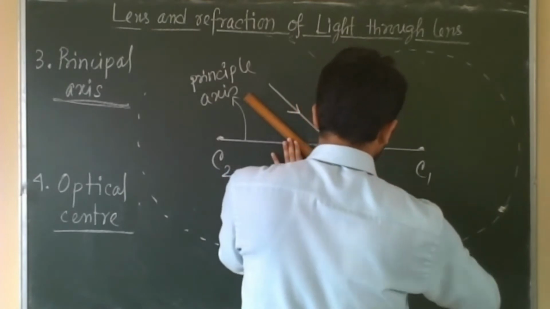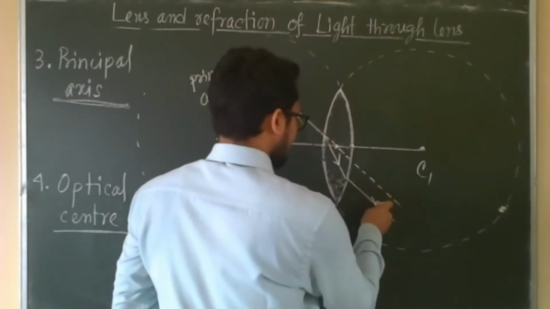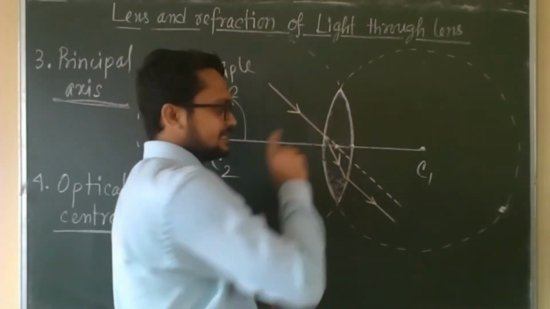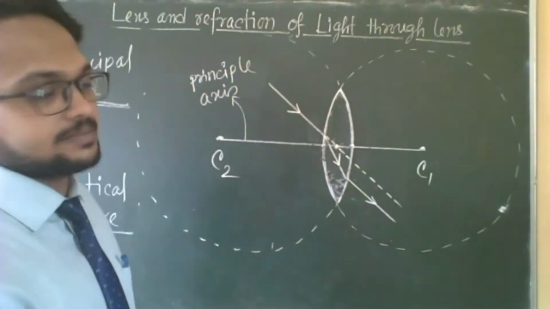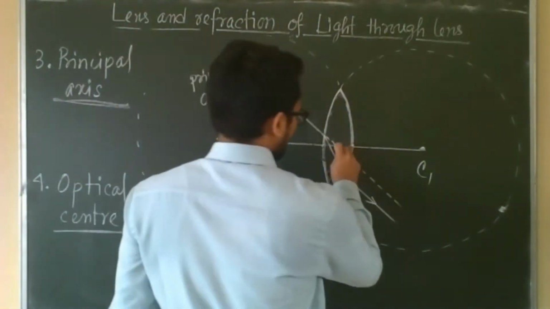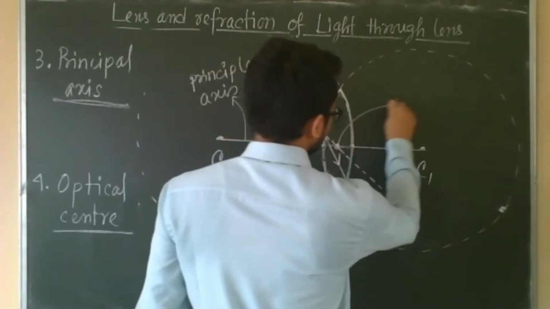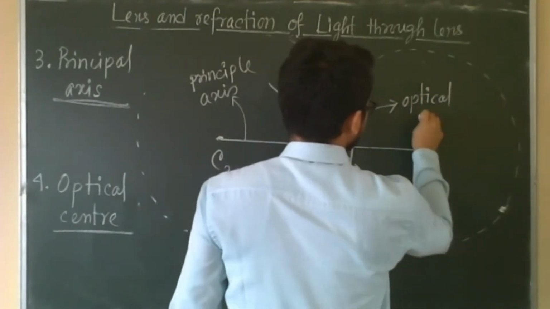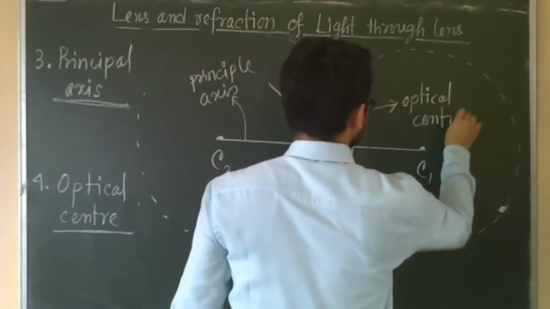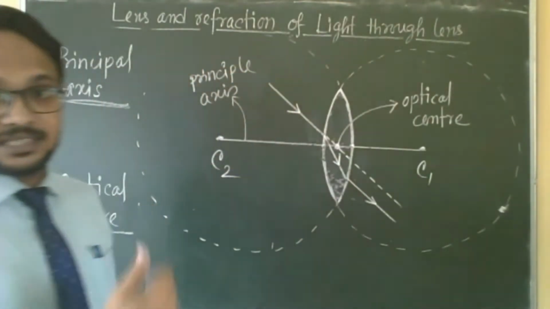That point inside the lens on the principal axis, through which the light is incident, is called the optical center. This definition is very, very important.